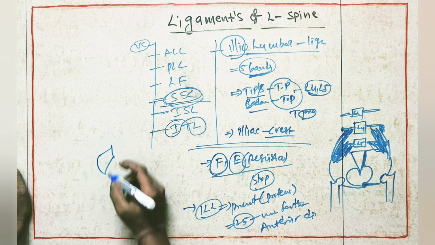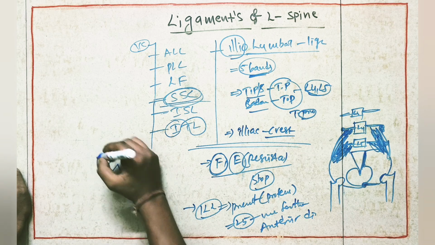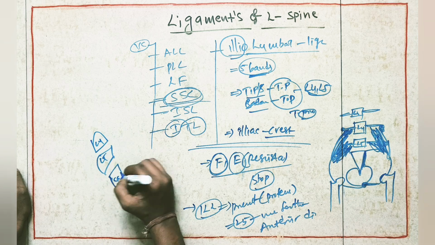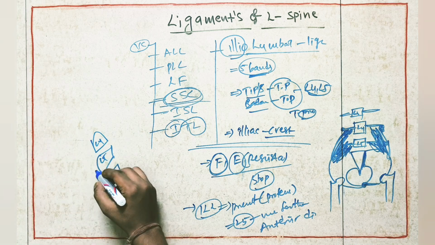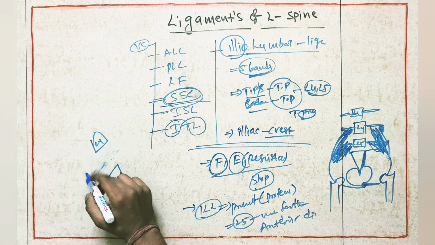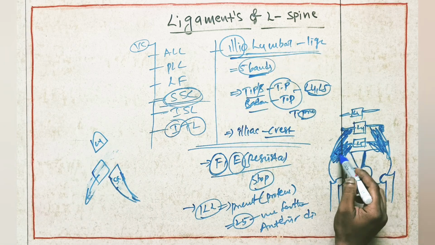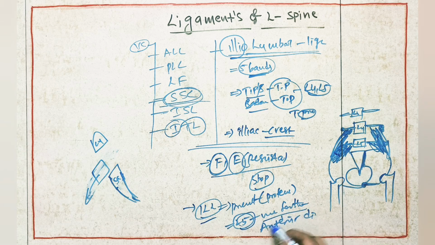Suppose we take the L5 vertebra and the sacrum, here L4, L5 and sacrum. Sometimes the L5 vertebra will displace anteriorly, and the iliolumbar ligament present here protects the L5 vertebra from that anterior displacement. So these are the ligaments of the lumbar spine.